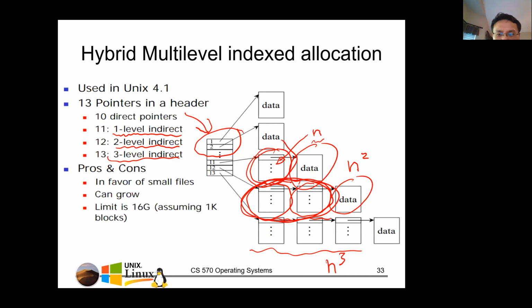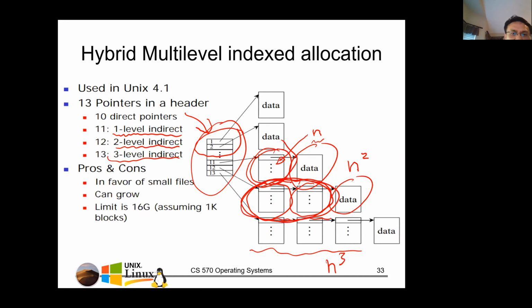So with this kind of setup, let's say you have this exact setup here. What would be the biggest file size with this scheme? Anyone can tell me? Sorry, I need to give you specifics, okay?